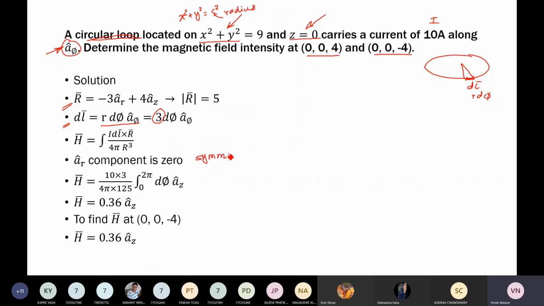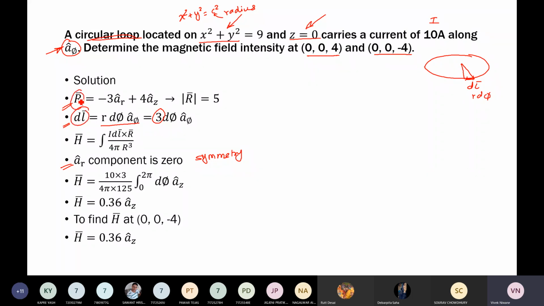If you remember, we discussed the symmetry condition while deriving the expression for a circular loop. So radial components are always 0 in the case of a circular loop, and in the case of symmetrical shapes, such as a circle or a square, not a rectangle, or a triangle with all three sides equal.